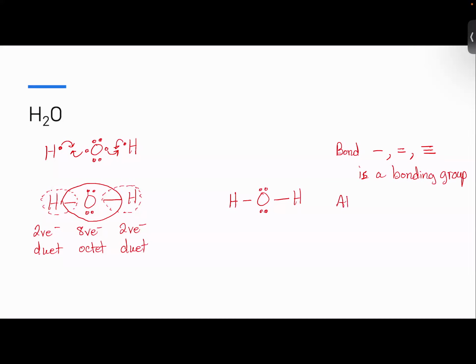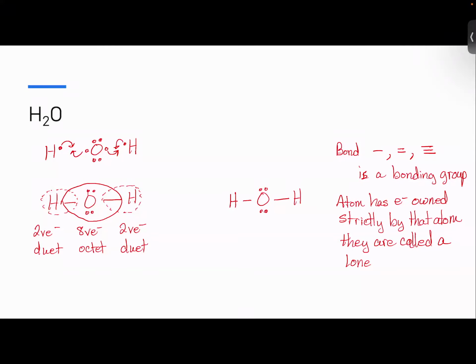Now, when an atom has electrons owned strictly by that atom, they are called a lone pair, sometimes referred to as a non-bonding group.